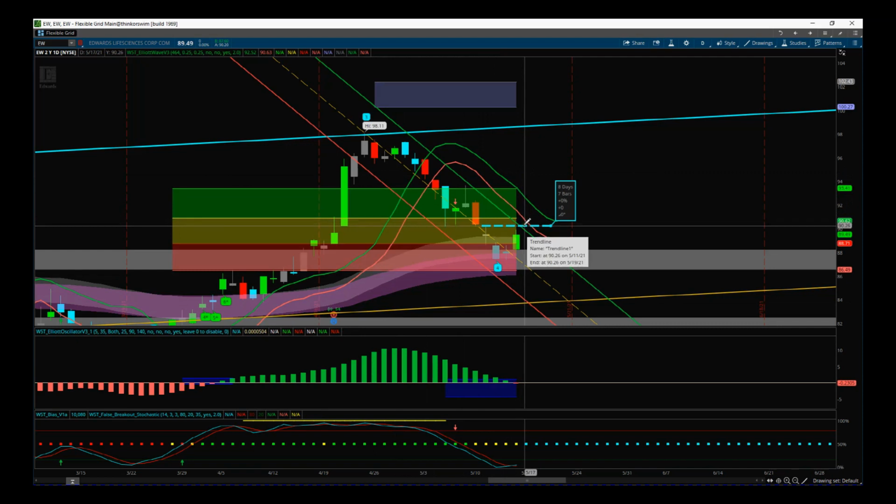This is an aggressive entry also, because sometimes we like to wait for that day to close before we look for the entry. So one thing you could say is, right, if the candle closes outside of that channel, then I'll go above the high of tomorrow's candle to go in. So that would be an intermediate type of entry strategy.